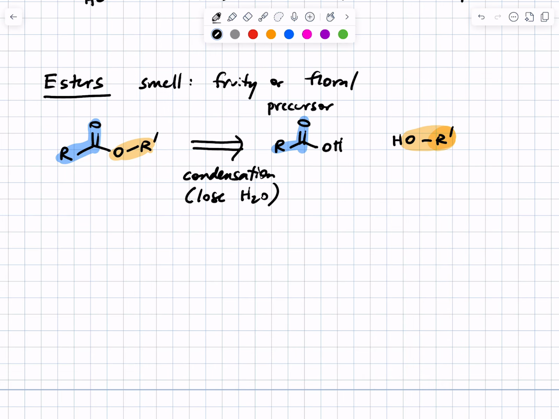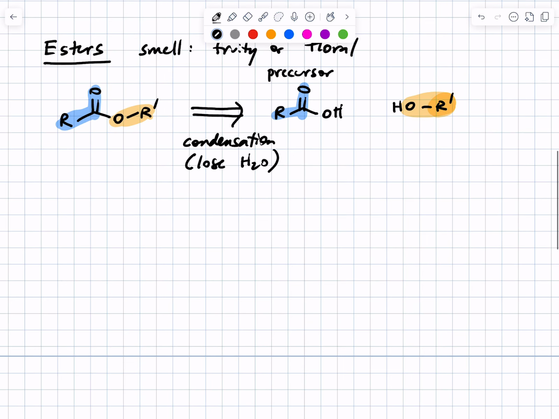Now, esters, as I said, have characteristic smells, and particularly the low molecular weight esters are floral or fruity. I'll just give you a few examples. This one smells like cherries. If you change the structure, you get a different smell.